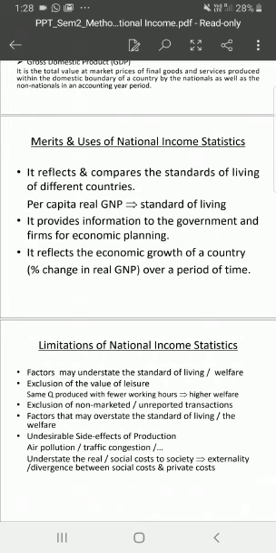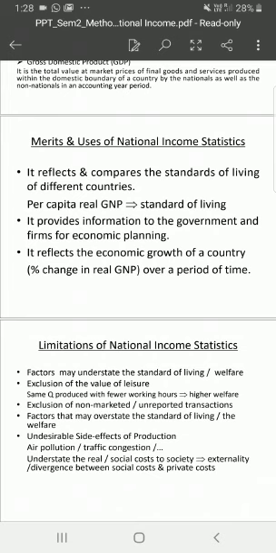However, there are also certain limitations of the national income accounting procedure, because here production or income is taken as the sole measure of the well-being of a country or its people.